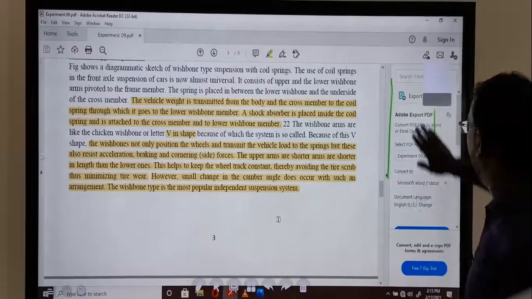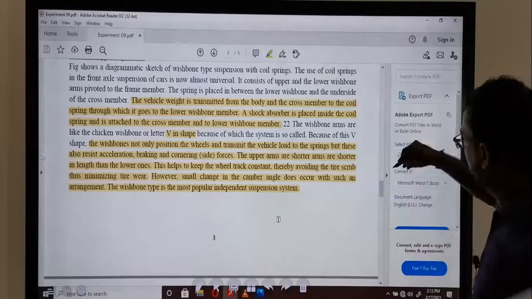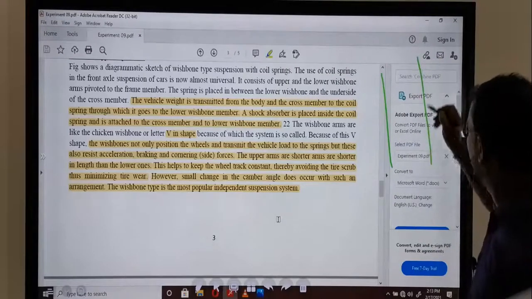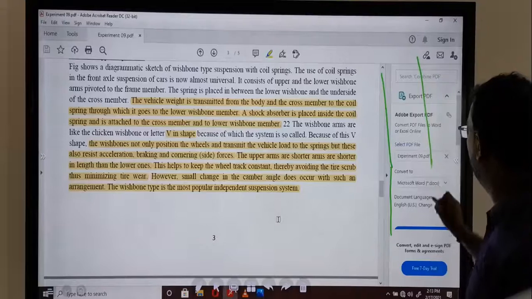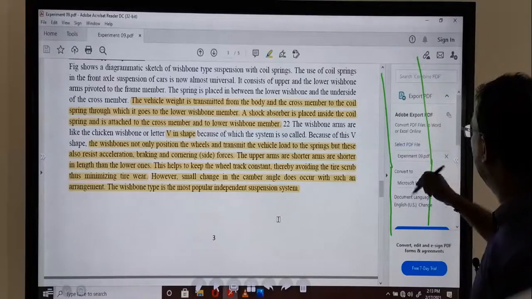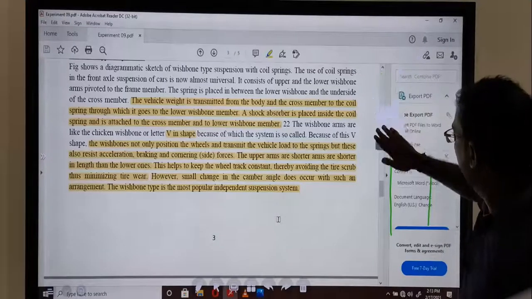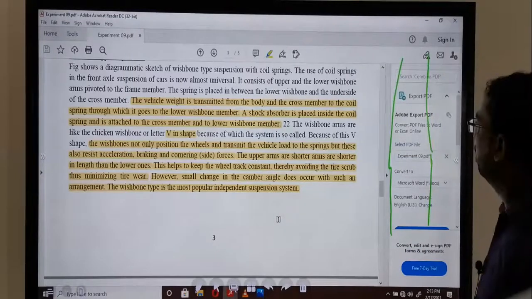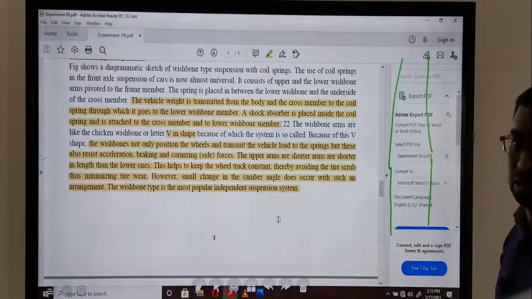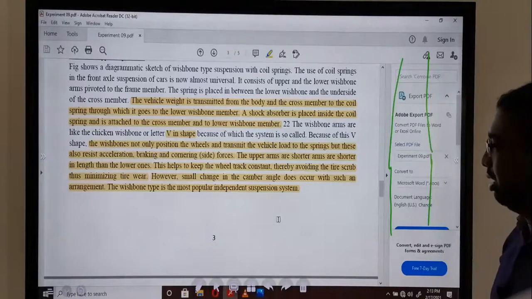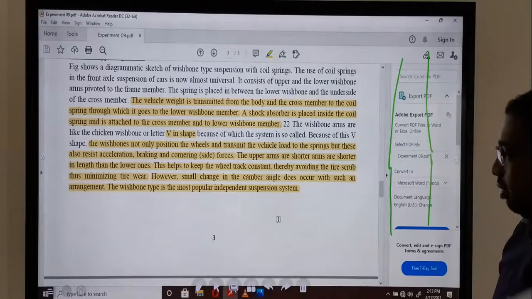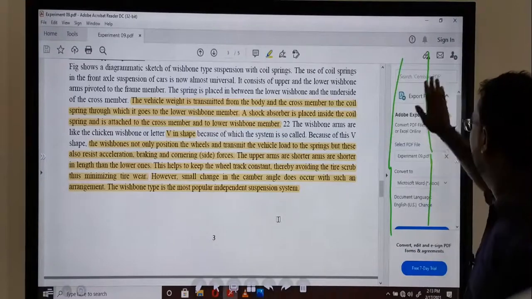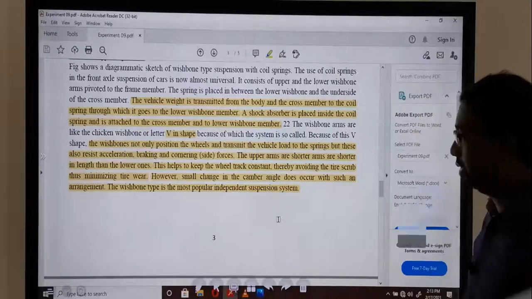If the vehicle moves, for example, first going here, or sometimes moving like this, that is not constant. This time the tire faces so much wear. So this type of arrangement minimizes tire wear also.